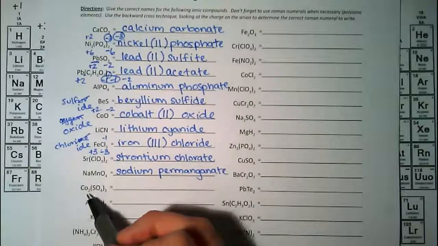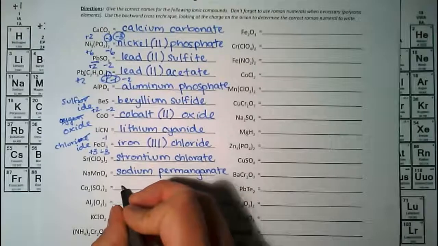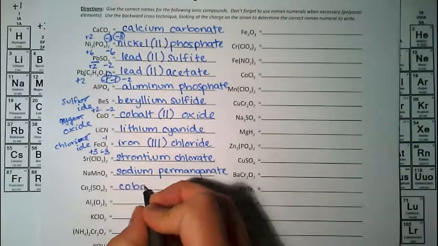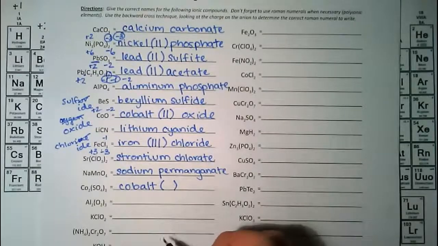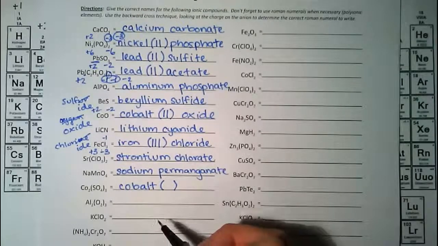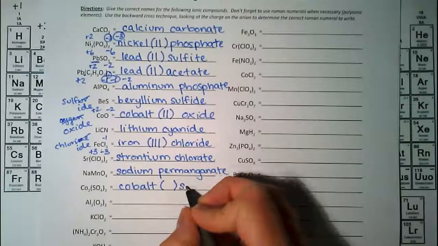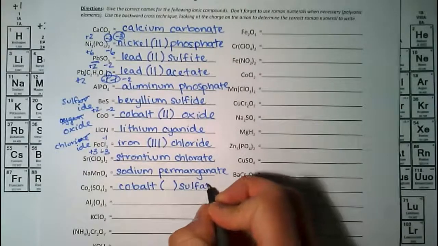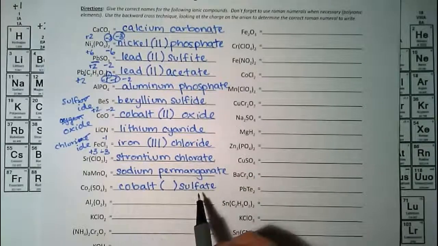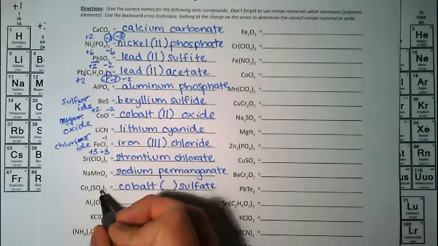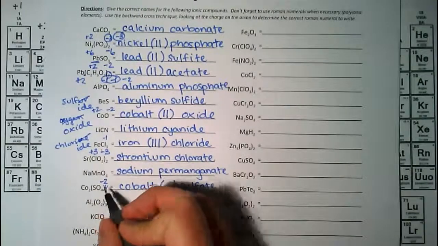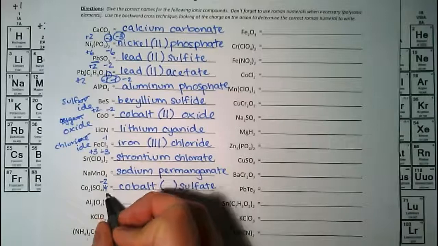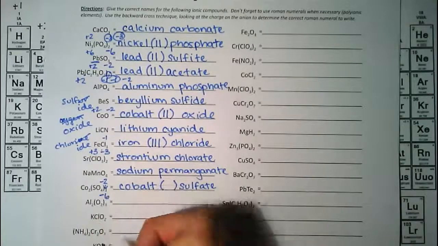Next I have Co, cobalt. I know cobalt's a transition metal, so I'm going to have to put a Roman numeral. So I'm going to start out by putting cobalt, and I'm going to put parentheses to put my Roman numeral in. And then I have SO4, which I know is the sulfate ion. So I'm just going to put sulfate. And now I just have to figure out my charge. So SO4, each of those has a -2 charge, but there's 3 of them, so my total negative charge is -6.